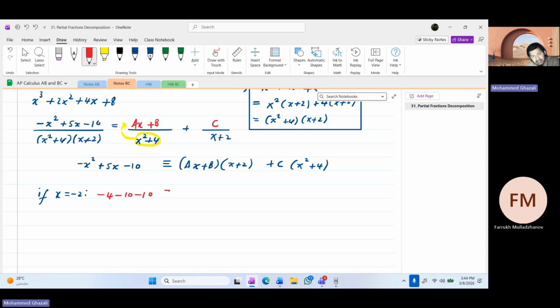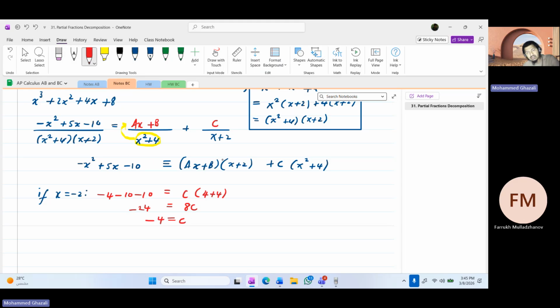Negative 10 is equal to, that falls out. And this will become 8c. C into 4 plus 4. So what do we get? Negative 24 is equal to 8c. So c is now equal to negative 6. No, negative 4. The value of c is negative 4.